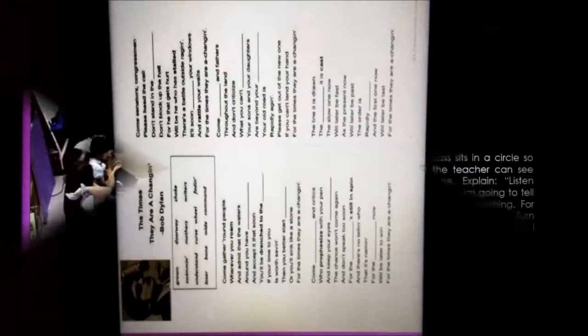Then the teacher will play the song twice. The aim is for the students to fill in the missing words. At the end, go through the answers to see which student got the most answers.